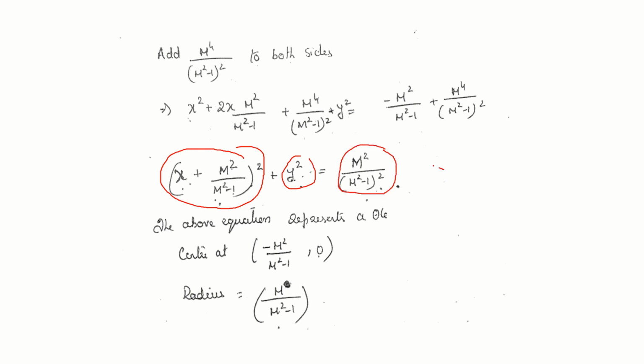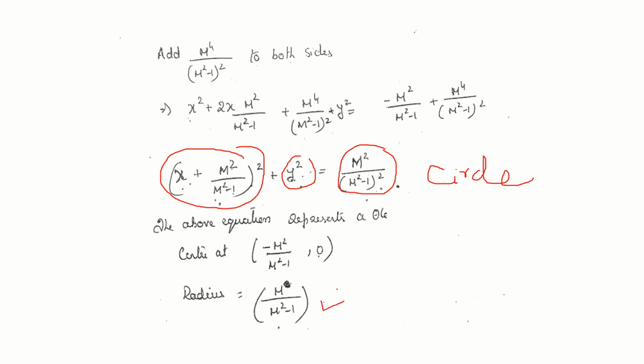This represents an equation of a circle. The center of the circle will be minus m squared divided by m squared minus 1, and the y coordinate is 0. That is, x plus a whole squared plus y plus b whole squared is equal to r squared kind of a thing, right? Radius will become the square root of this, m by m squared minus 1.